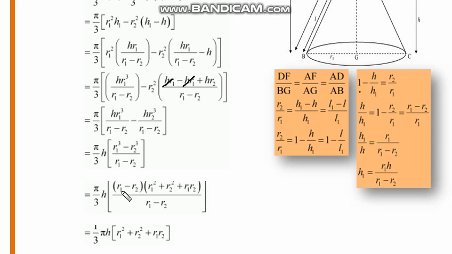The same identity we apply here: R1 minus R2 of R1 square plus R2 square plus R1 R2 divided by R1 minus R2. Here R1 minus R2 cancels, leaving R1 square plus R2 square plus R1 R2. So the volume of the frustum is 1 by 3 pi h of R1 square plus R2 square plus R1 into R2.